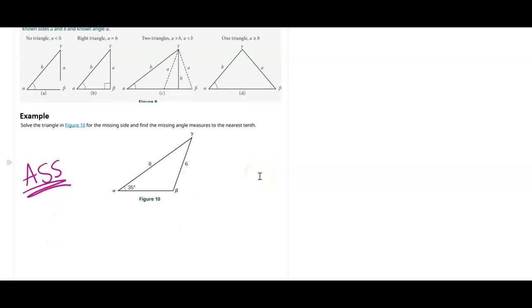But it is possible, because all I know is this, this, and this, that I end up having another possible triangle that would have those same side lengths. So not all triangles in this way are going to be congruent. I'm going to have some different answers potentially here for gamma.